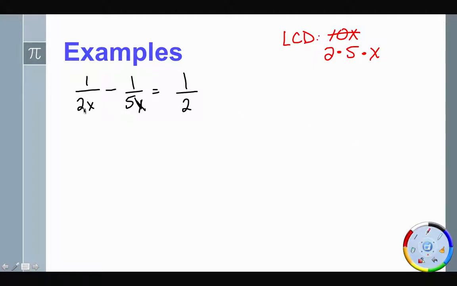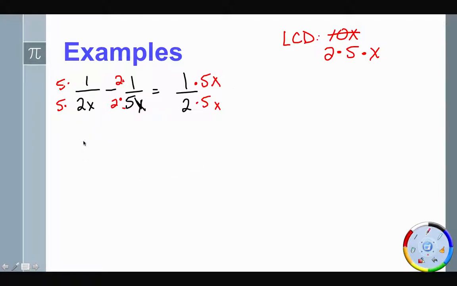Now, this has a 2 and an x, so I need to multiply by 5 and 5. This has a 5 and an x, so I need to multiply by 2 and 2. This has just the 2, so I need to multiply by 5 and x.